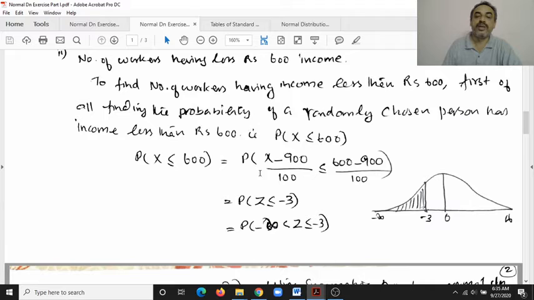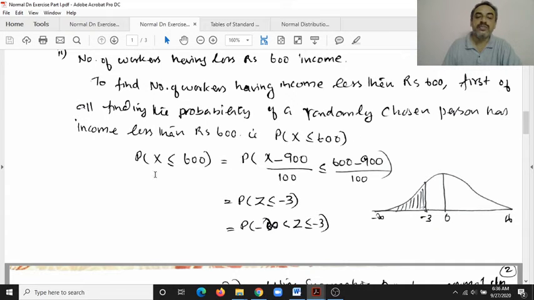That is probability of x less than or equal to 600. After finding this probability, if you multiply it with the total number of workers, we can get the number of workers having income less than rupees 600. So first our aim is to find the probability of x less than or equal to 600.